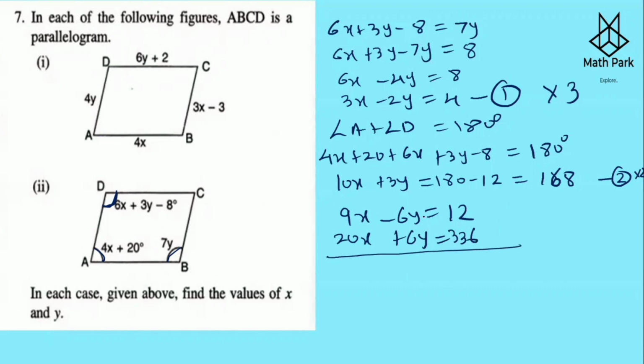So minus 6y and plus 6y got cancelled. 20 plus 9 is 29x is equal to 336 plus 12, which is 348.